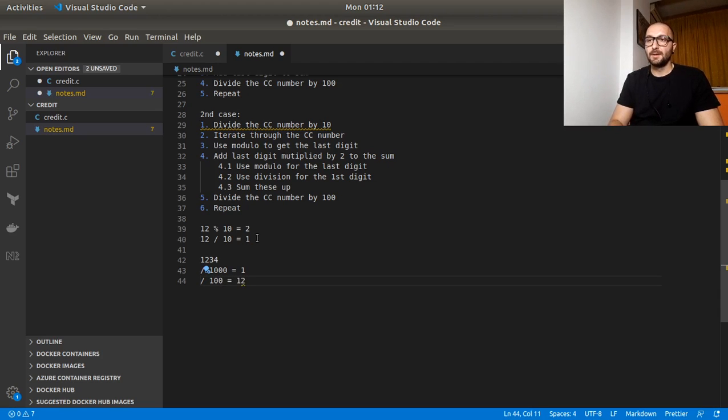Okay, so I propose we get the count, the length of the number. So for example, if it's 4, we will just iterate through that and basically use 10 and multiply it by 10 a set number of times. Okay, and that's how we get the divisor here.